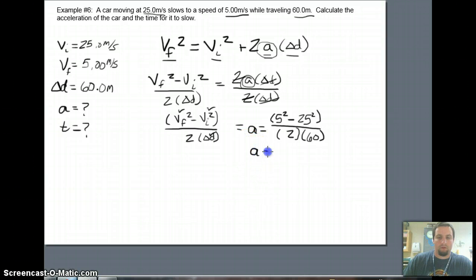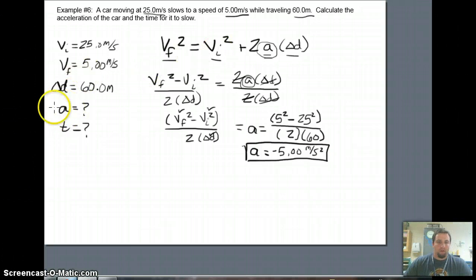We'll calculate that out, and you end up with negative 5.00 meters per second squared. So we have the acceleration done now.